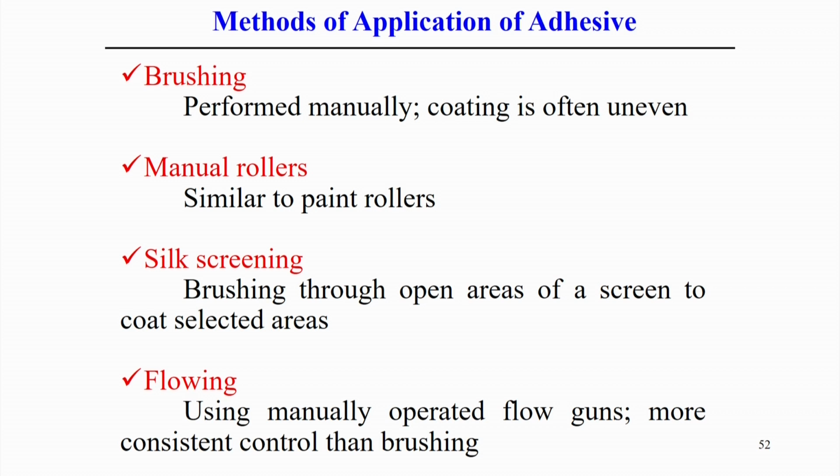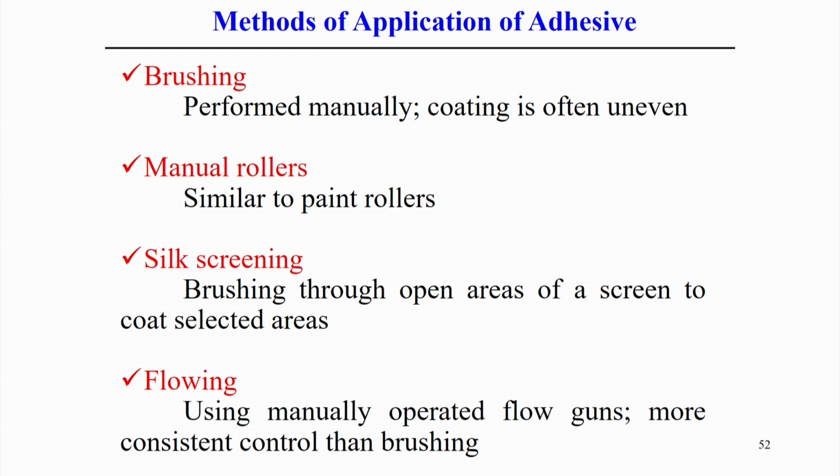Sometimes we can use a manual roller, similar to a paint roller. In this case we can maintain the smoothness of the surface, but since it is done manually, there may be a possibility of variation of the thickness also.